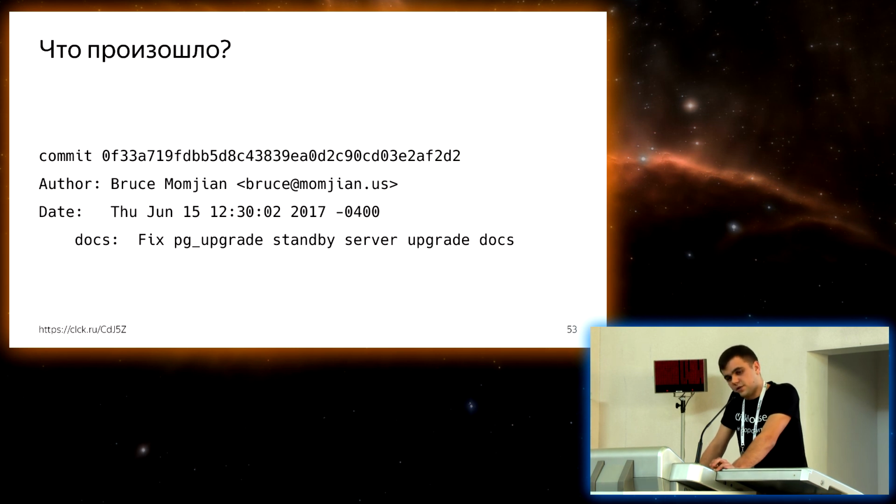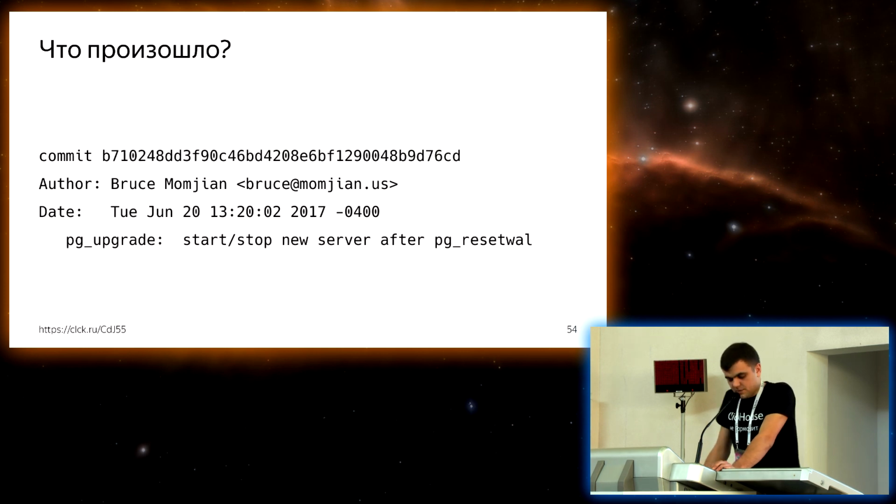So it was committed to the documentation, with the steps where you need to start up and stop the master, and it was needed because the control file was created at minimum level, and if you have a hot standby replica, you will need to write this new level in the control file and then copy the control file, because if the replica starts with the wal_level minimum, it will connect to master, see the difference, and refuse to replicate anything.